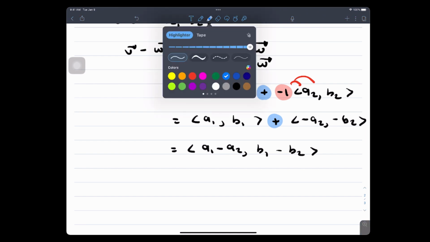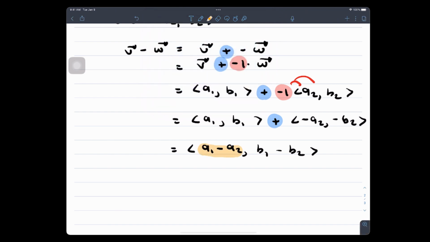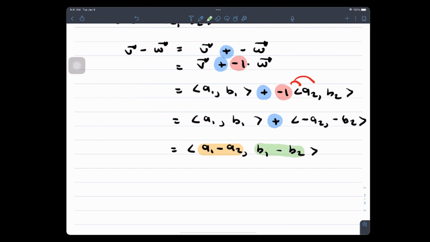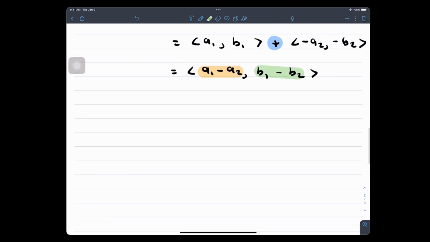So now you say, well, what is this? A1 minus A2, B1 minus B2. Okay, so we're going to share these with you. In fact, let's give you guys another fact here.